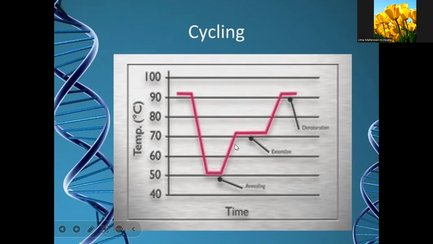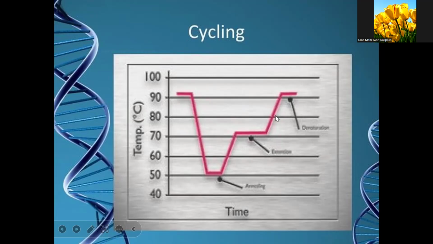Next, we are again increasing the temperature to 72 degrees Celsius. At this temperature, the extension process will start and complete to form the complete strands. That is, single-stranded DNA will become double-stranded by forming the new strand. So by this extension, we can understand that one cycle of PCR has been completed.